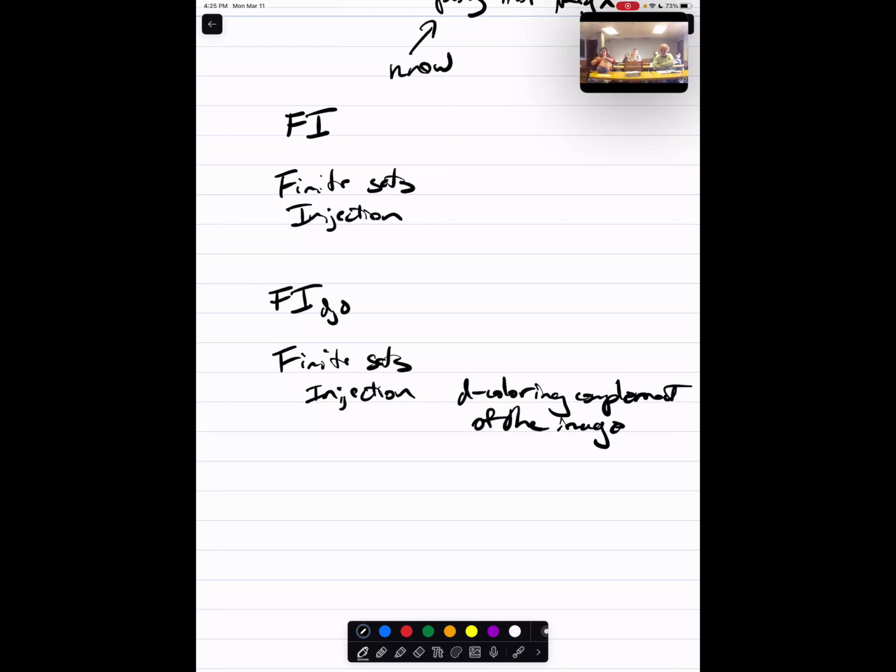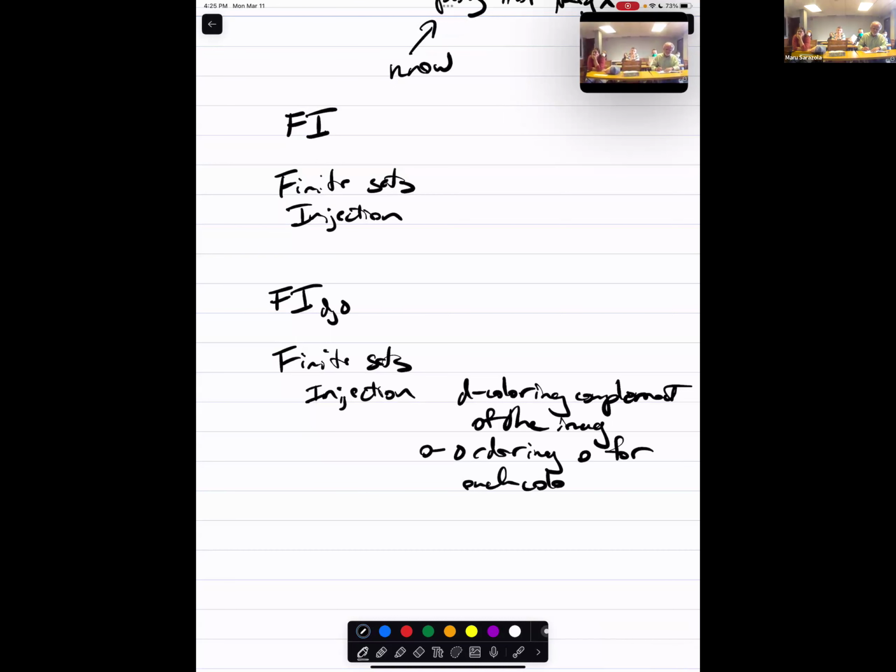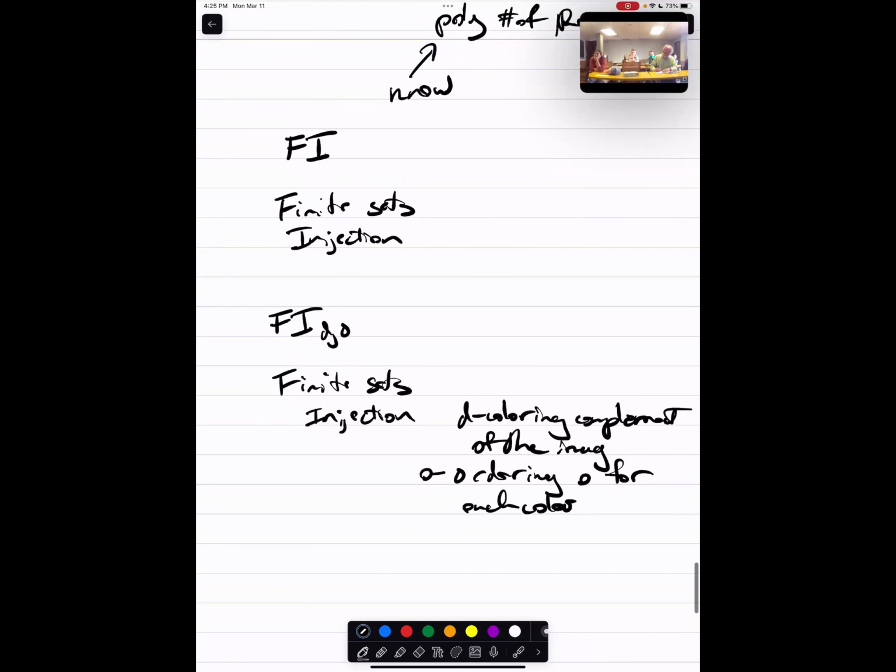And instead of just having a decoloring, which is what Ramos did, we also insist on an ordering O for each color. The ordering corresponds to saying which particle is farthest out, closest to the edge, at the leaf that's farthest out; we're just ordering them along. The coloring corresponds to which edge we're putting them at.